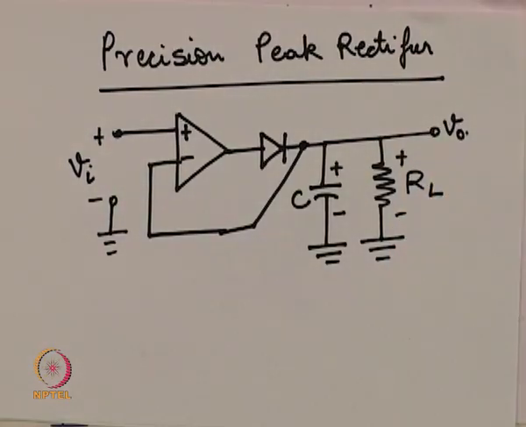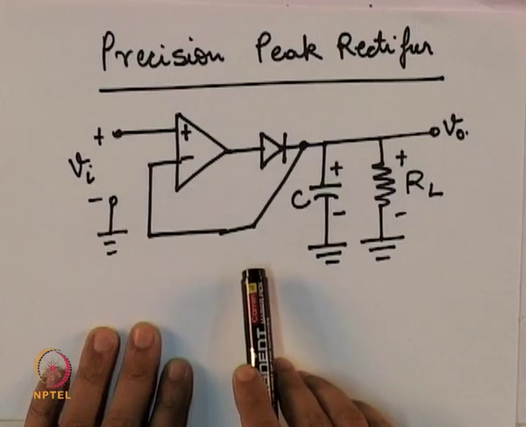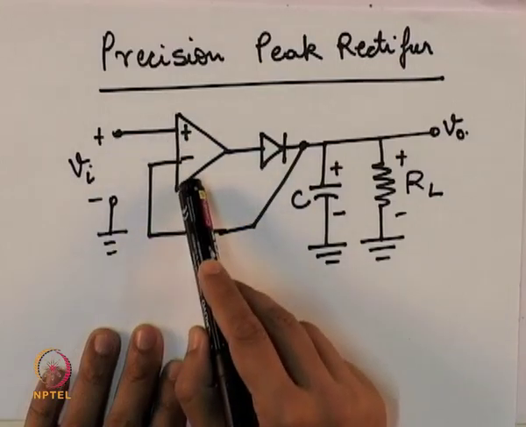So, this is the circuit for my peak rectifier, and again I leave it as an assignment for you to analyze this. You will find the threshold voltage problem is not present in this circuit because of the presence of this op amp.